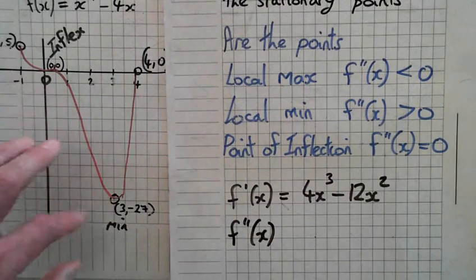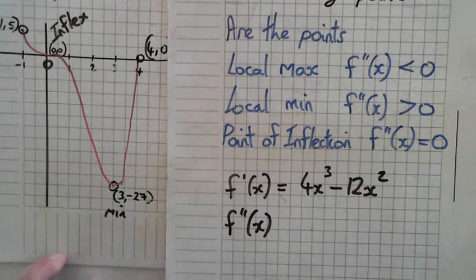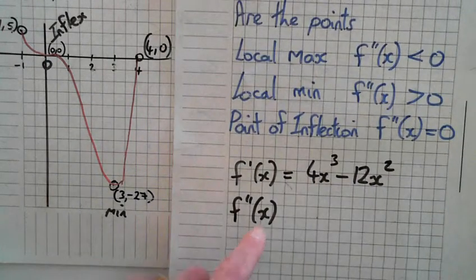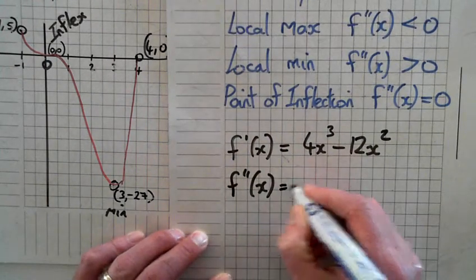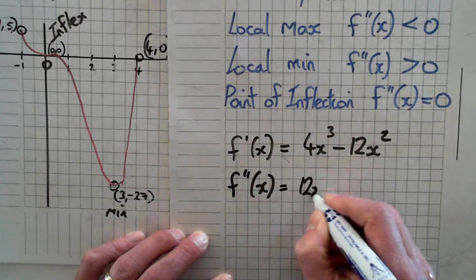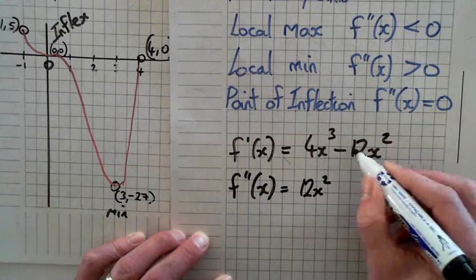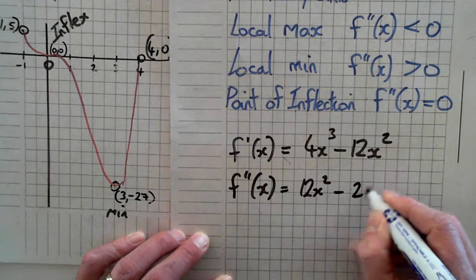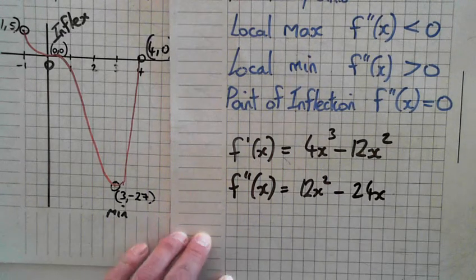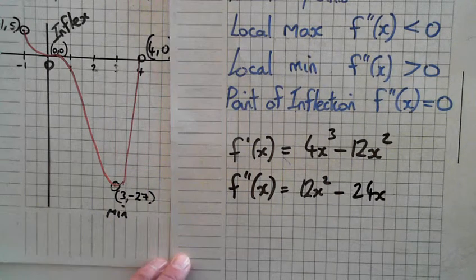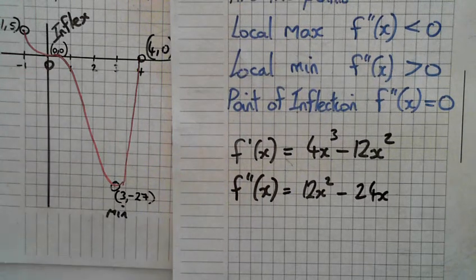Like if we didn't draw a graph, which you probably won't have drawn, you'll be asked to do it this way. Right, so 3 fours are 12x squared, and 2 times 12 gives minus 24x. Right, so what you need to do now is test the points.